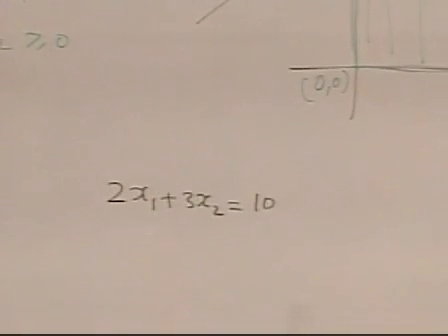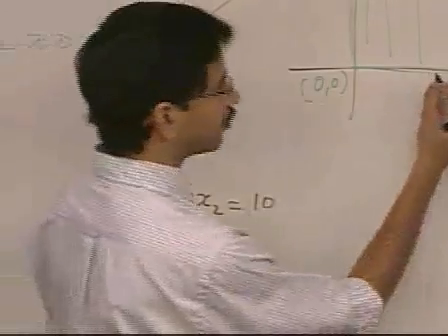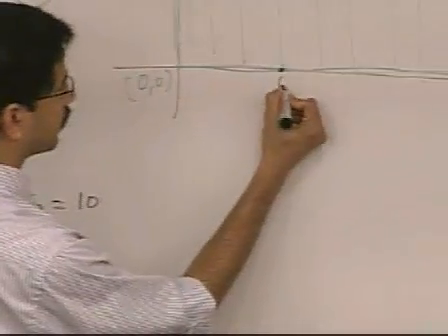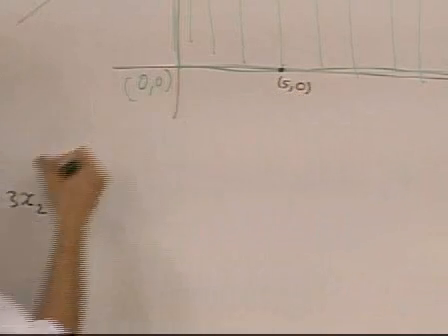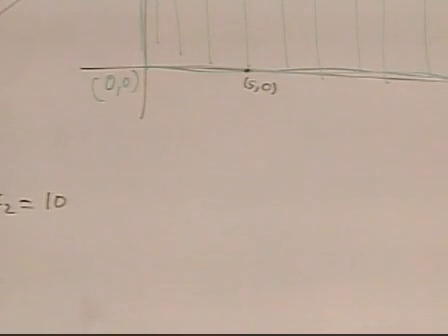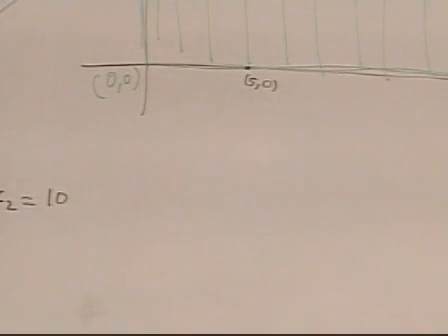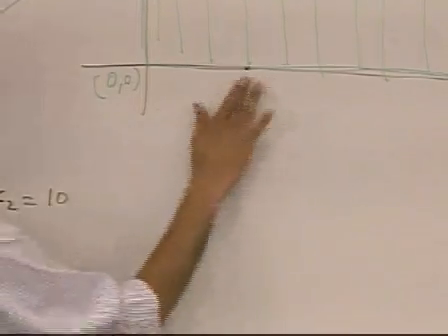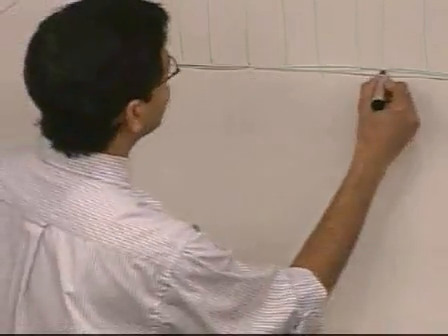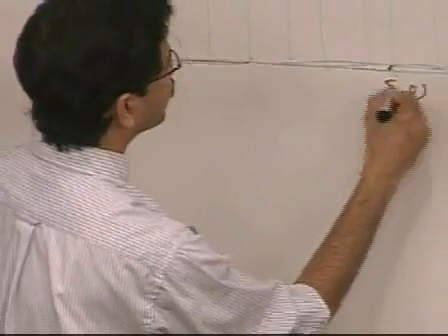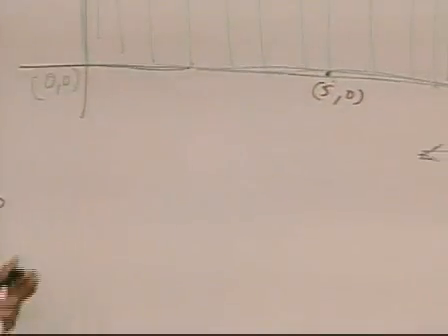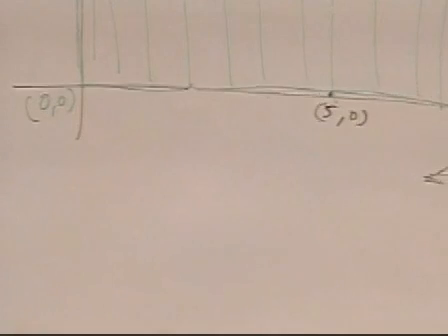So of course when x1 is 5, x2 has to be 0. So you have some point like this on that line. So that's (5, 0). As you can see, my picture is not to scale.